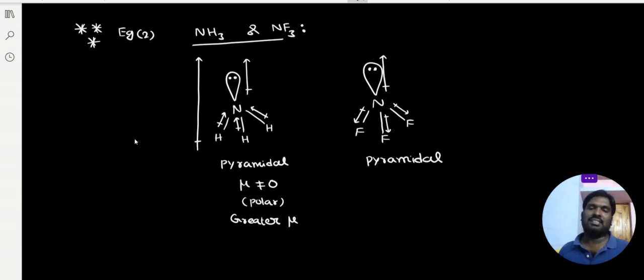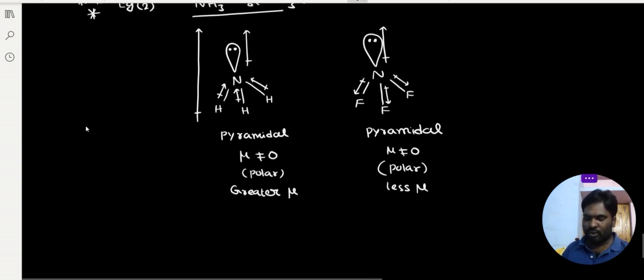That's why not exactly cancelled. So mu not equal to 0, which means it has some dipole moment, polar, but anyhow less dipole moment. As compared to ammonia, NF3 dipole moment is less.